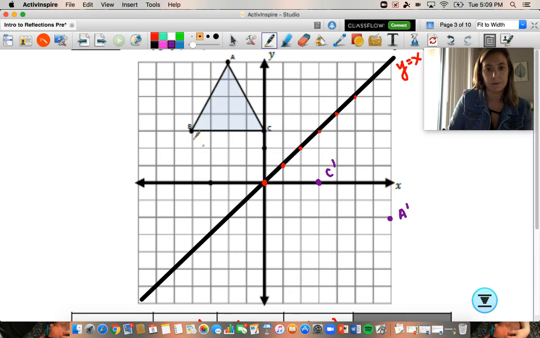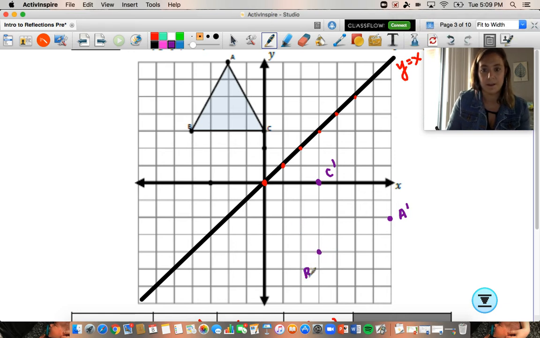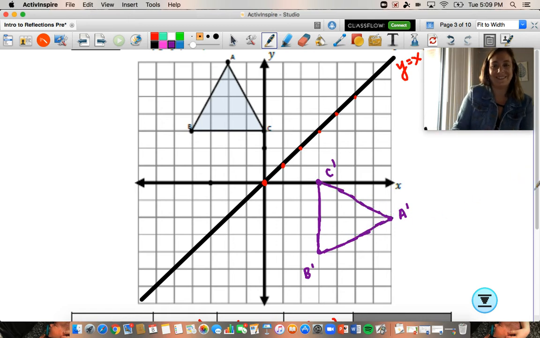Let's see this one. 1, 2, 3.5. 1/2. 1, 2, 3. I'm counting, and that's like the slope right there. So this is B prime. I tried to make it look better, right?